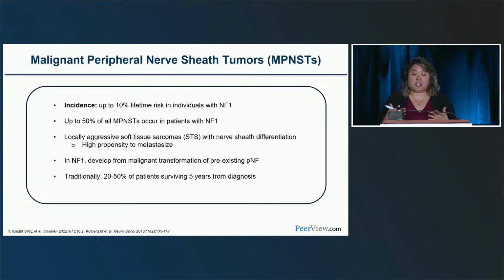MPNSTs, in general, are a very locally aggressive soft tissue sarcoma with nerve sheath differentiation, and unfortunately, they like to metastasize. In NF1, typically we see malignant peripheral nerve sheath tumors from malignant transformation of a pre-existing plexiform neurofibroma. Traditionally, it's been a very hard to treat cancer, with 20 to 50% of patients surviving 5 years from diagnosis.